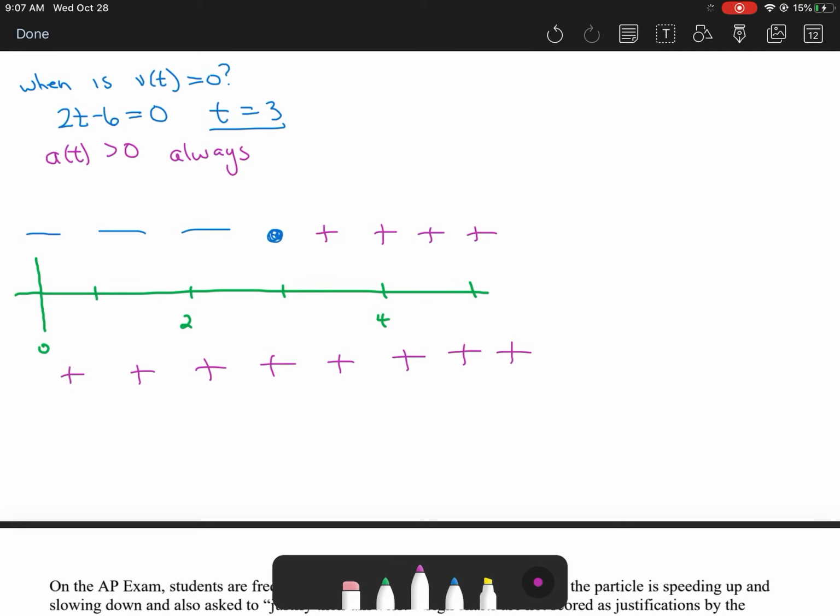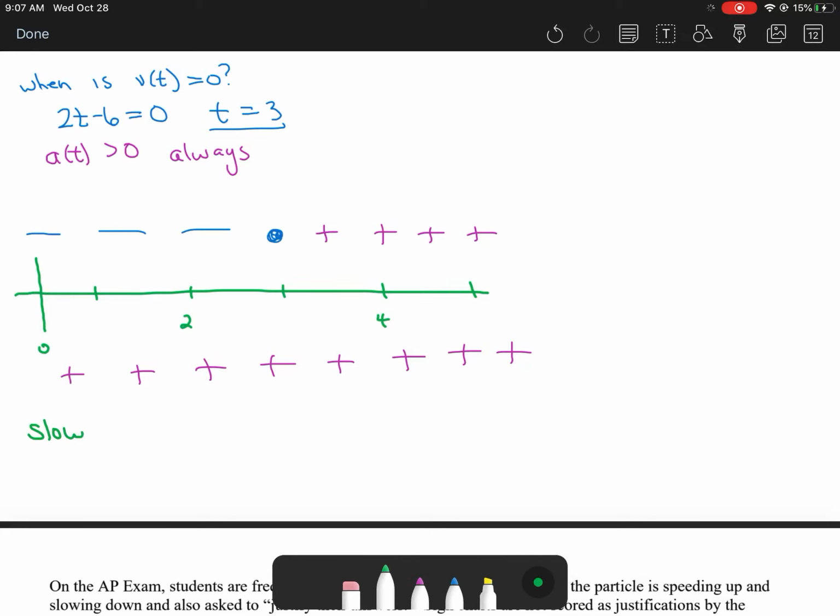Okay, so now I can actually answer the question. They want to know, when is it slowing down and when is it speeding up? Remember, it's slowing down when your velocity and your acceleration are different signs.